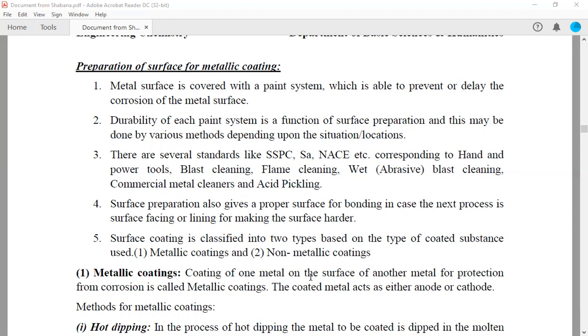If there is any break or discontinuity in the metallic coating, exposing the base metal, a galvanic cell is formed between the coating metal and the base metal, where the coating metal dissolves anodically and the base metal is protected. Hence, no corrosion occurs to the base metal until all the coating metal corrodes and disappears from the vicinity of the exposed base metal. So that is about the anodic coating.